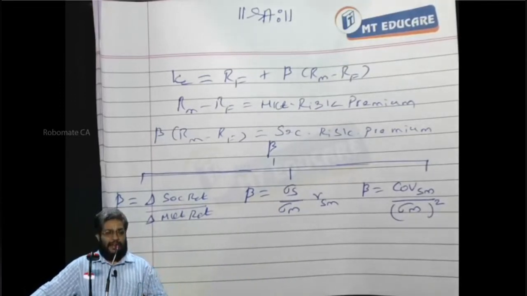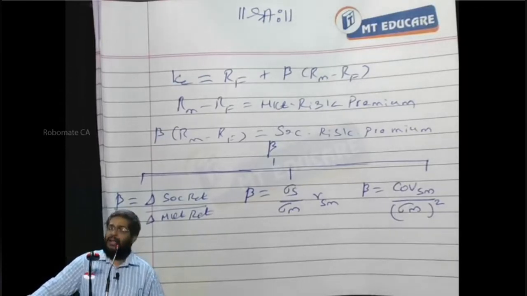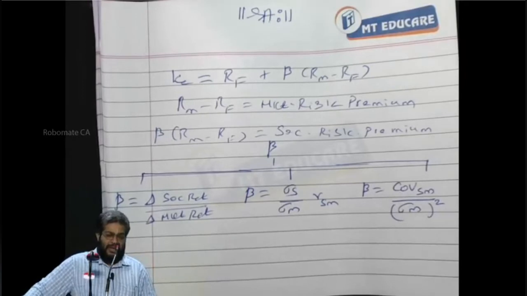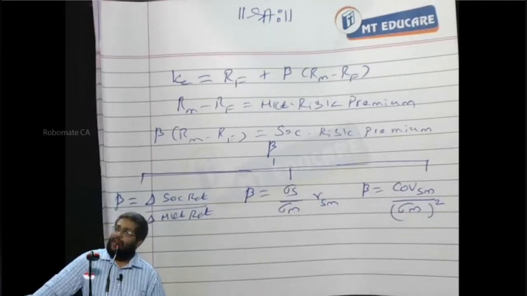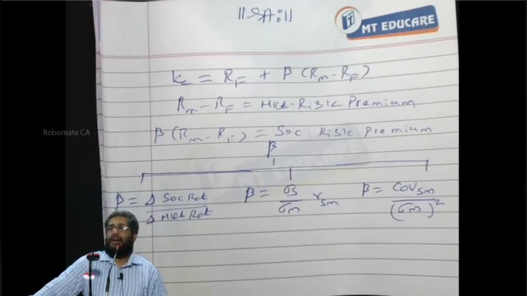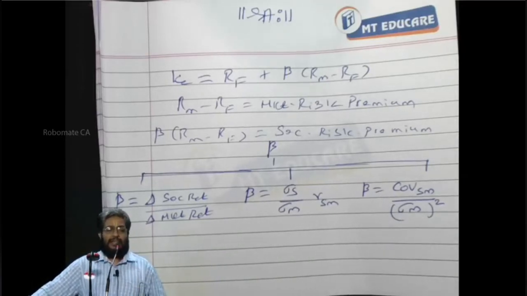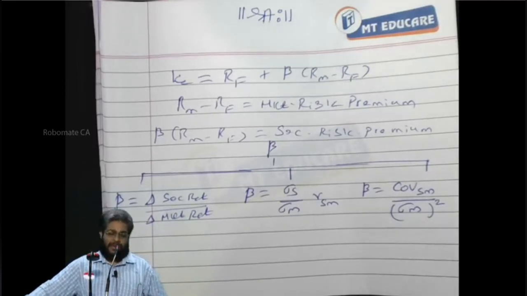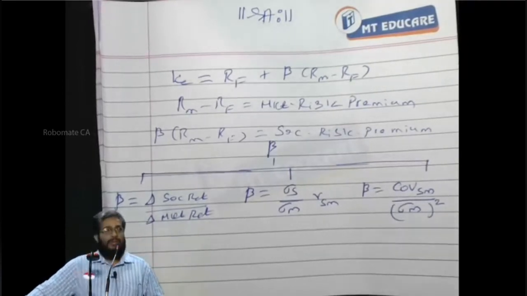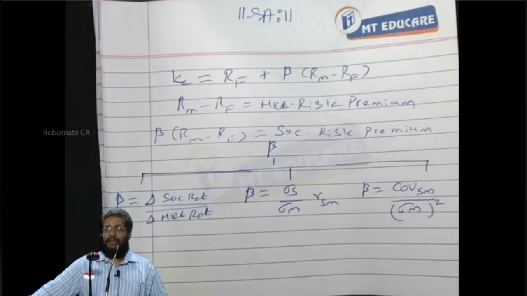When I say dividend growth, it is having a risk or not? The risk is measured through what? Beta. This is trading in the market at rupees 20.